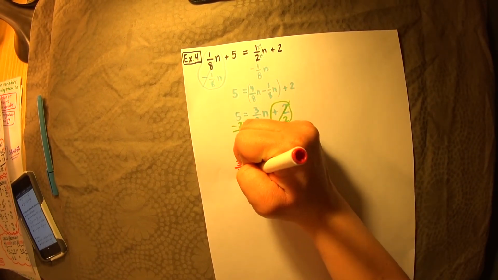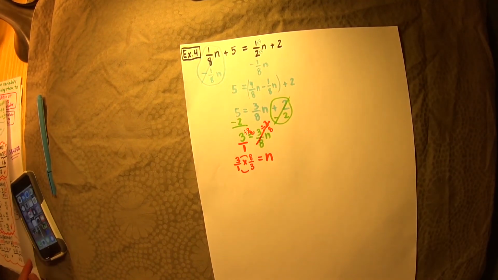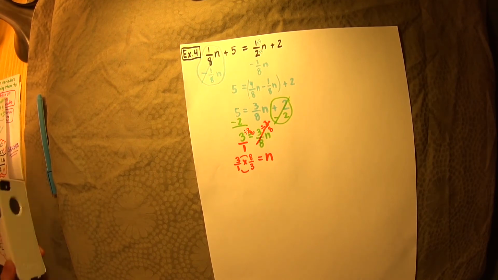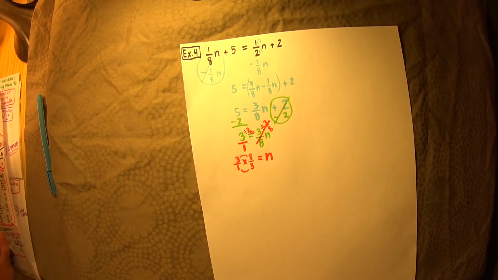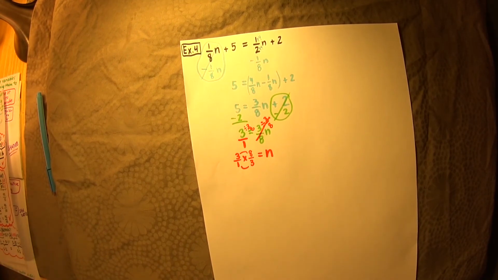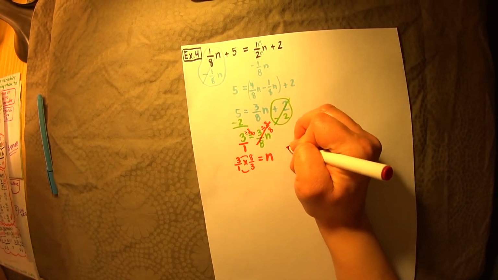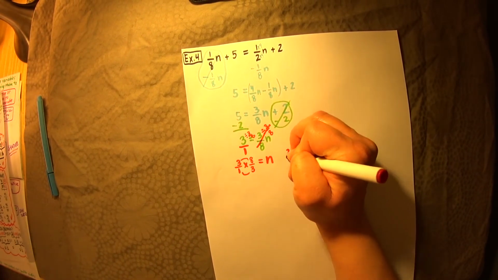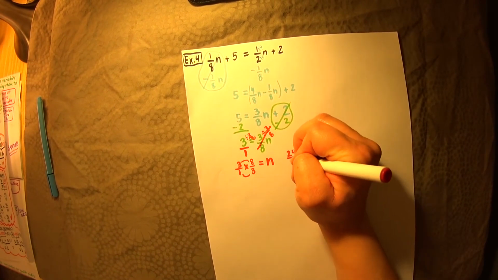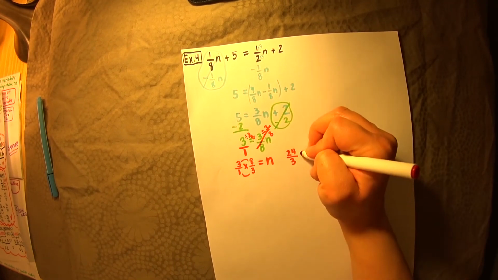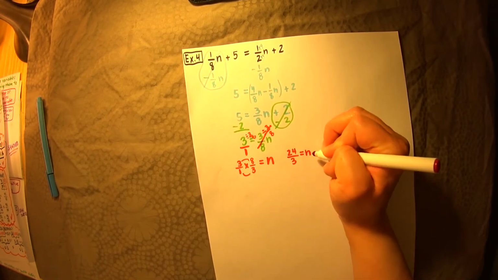Top times top, bottom times bottom. So I need to do 3 times 8 to begin with, and I think I'll just go to the side here. 1 times 3, that equals n.